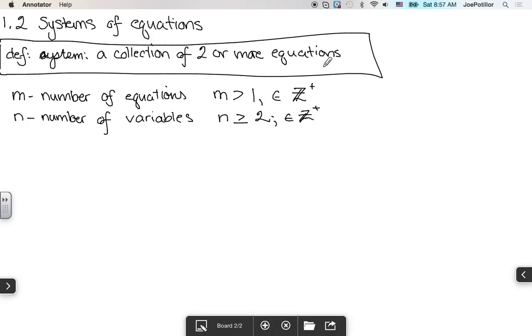And now, how do we know about the solutions to these equations?